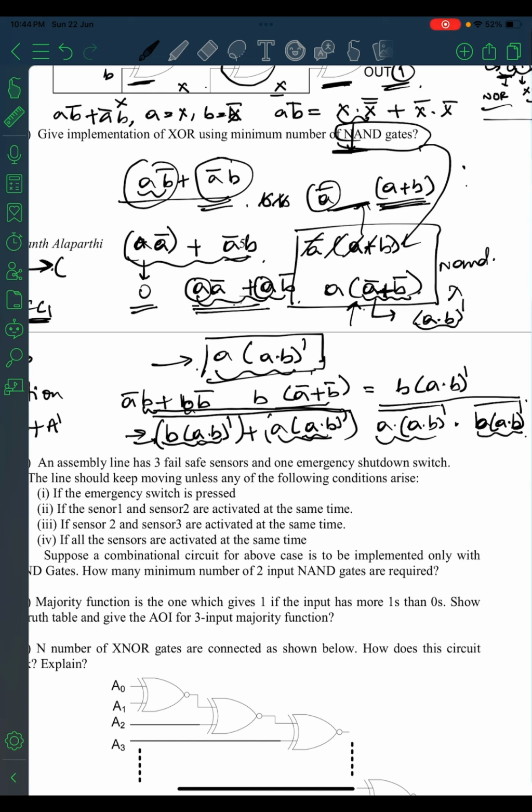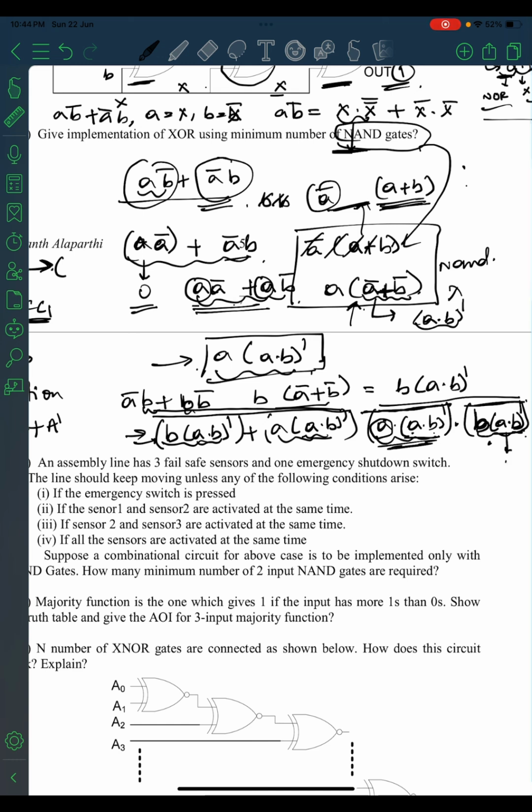Now if you look at this, what is this again? It's an AND, right? This is the first input A, and this is the second input A dot B bar, and there is a whole complement over there. Here B dot (A dot B) whole complement, and there is a complement.